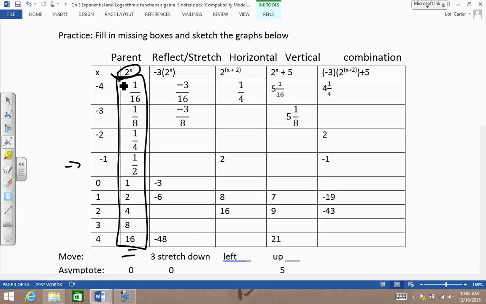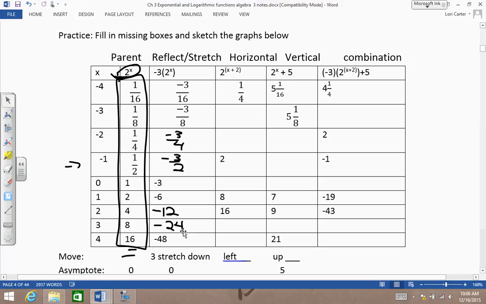Now I'm going to take 1/8 and multiply it by -3. So I got -3/8. What's my next one? -3/4. -3/2. 1 times -3 is -3. -6. -12. -24, which is not going to fit on my graph.